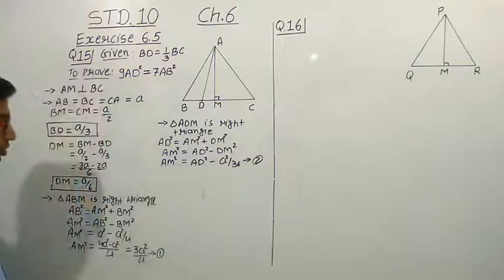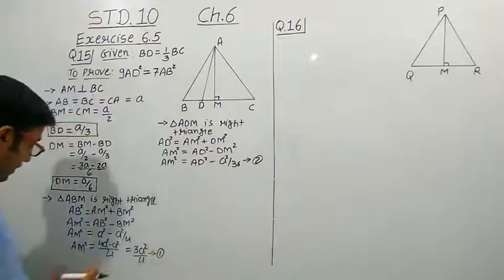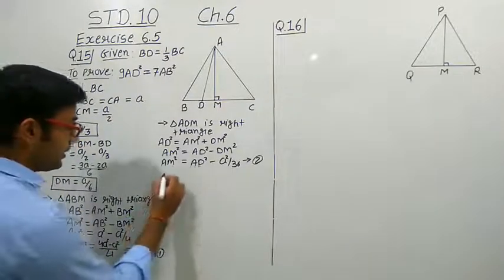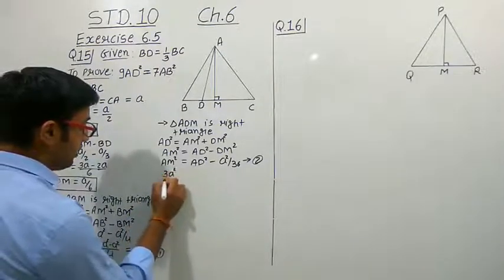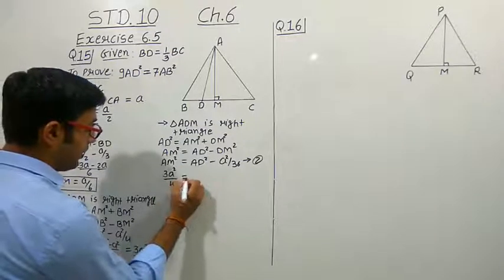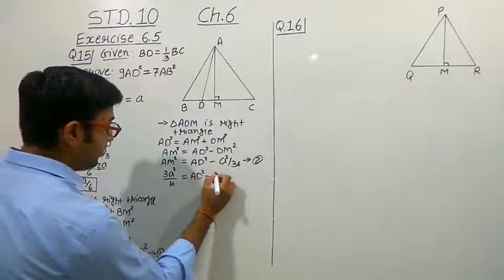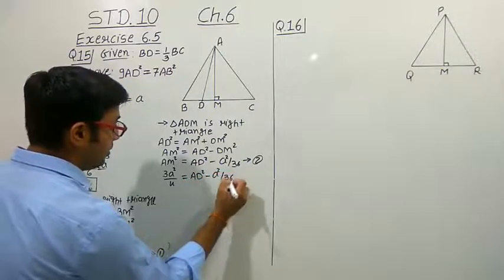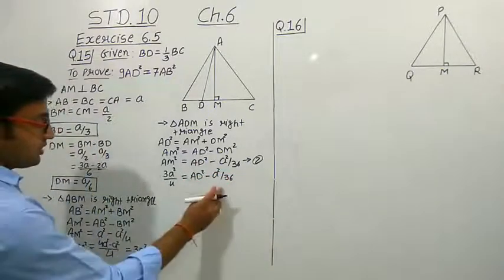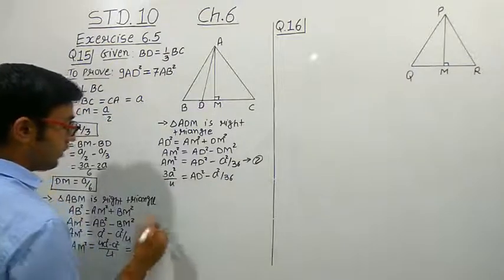Now when we compare both these equations, what are we getting? Here the right hand side is 3A square upon 4, and here we have AD square minus A square upon 36. So let us take this A square upon 36 to the left hand side.